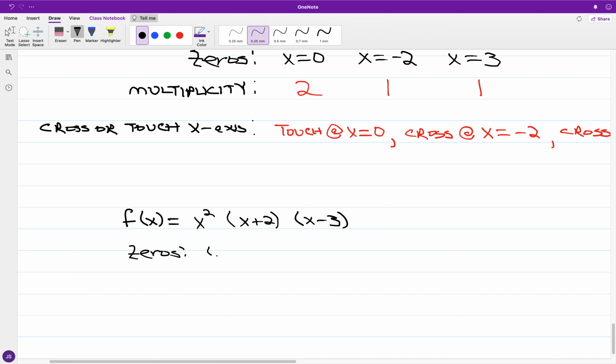Again, we have our zeros: 0, negative 2, and 3. Now let's say we were to set up an inequality table.